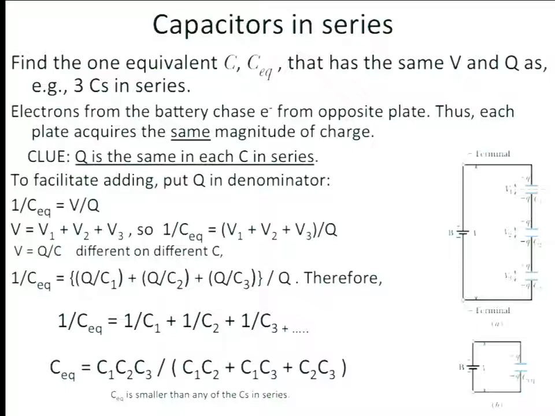In other words, C equivalent is less than either C1 or C2. You have less capacity if you put them in series.